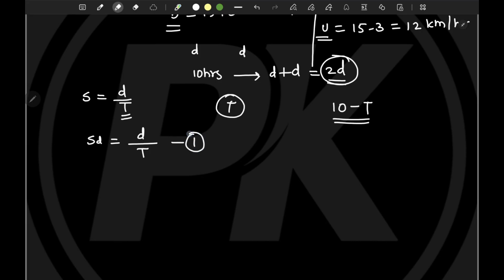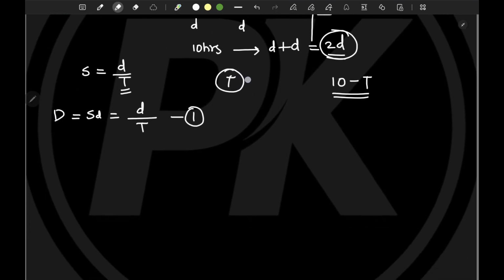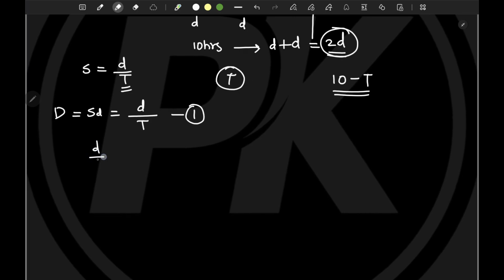So this is equation number 1. And the speed of downstream is also known, and that value is 18 km per hour, and hence d by t is equal to 18 km per hour, and hence distance is equal to 18t. So this is one thing.